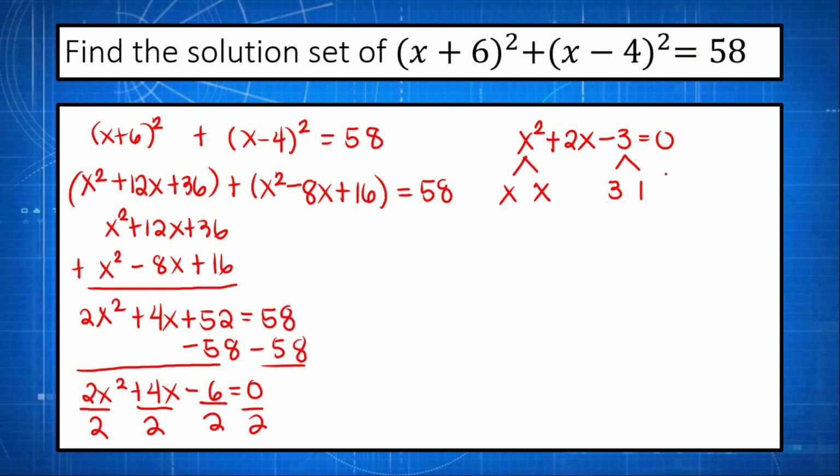So when you add these two, 3 plus 1, we have 4. So we need to get positive 2. Then if we subtract these two factors, so 3 minus 1, we'll have positive 2. Therefore, the factors are x plus 3 and x minus 1.